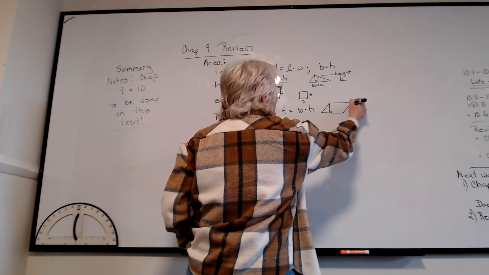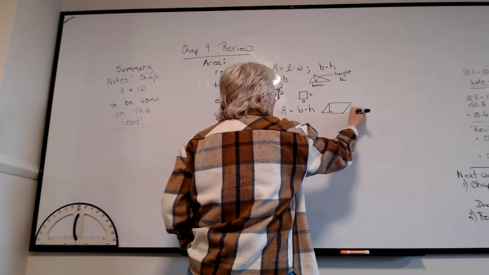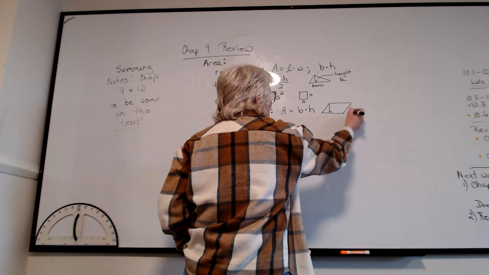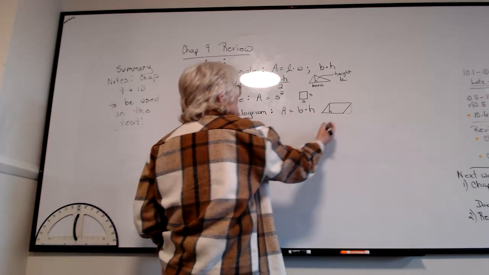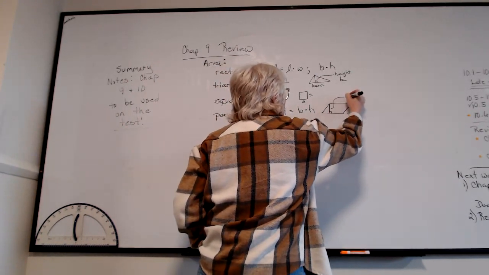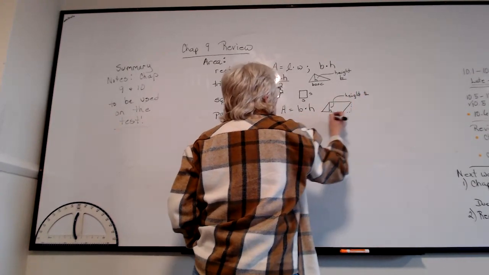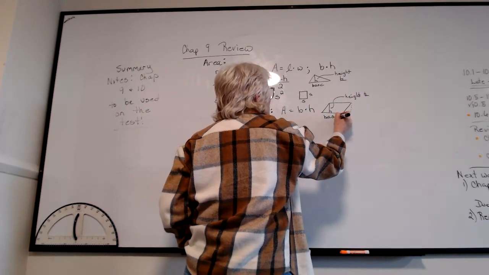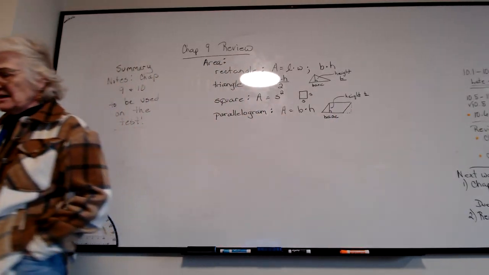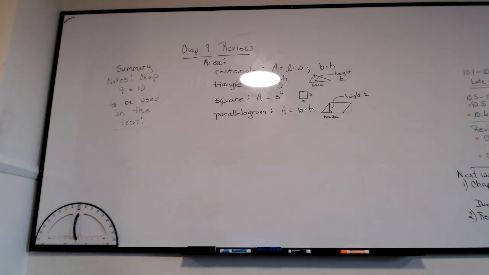And what you're really doing is making it into a rectangle by cutting this off and putting it over here. Okay, so this is your height at the 90-degree angle, and this is your base. Okay, so those are some of the formulas.